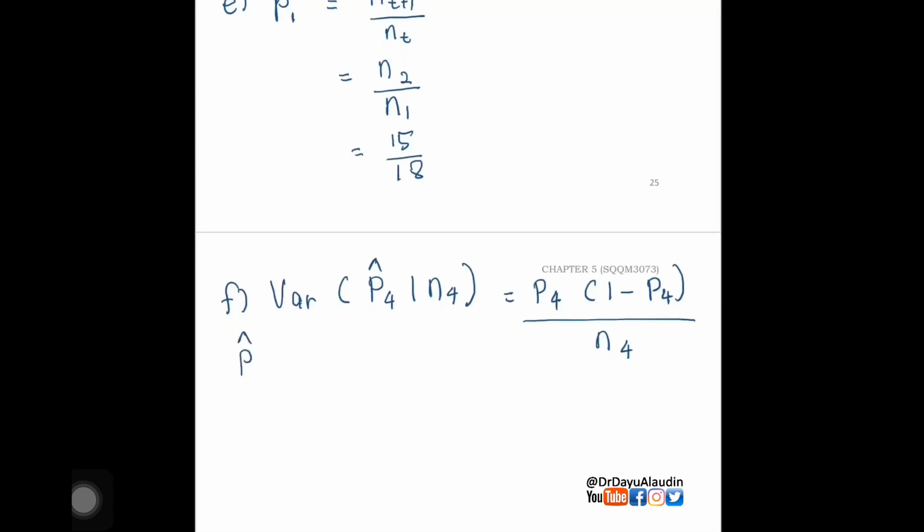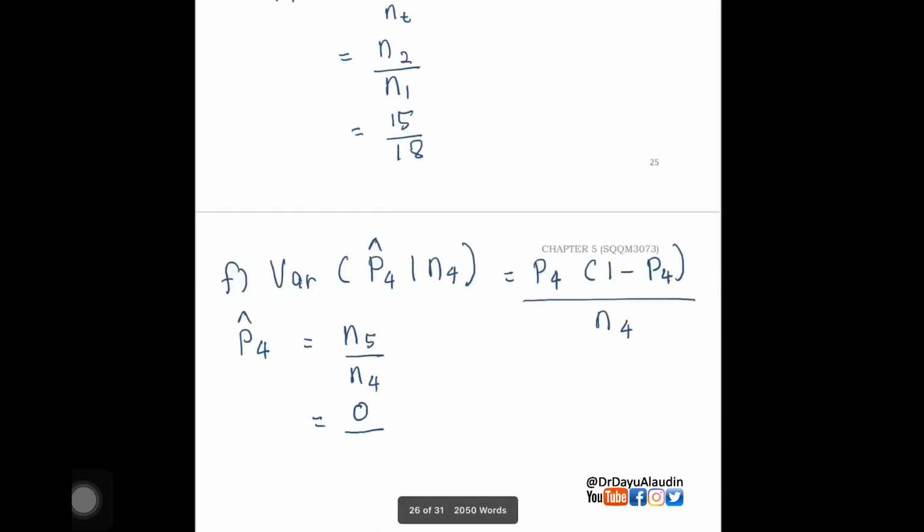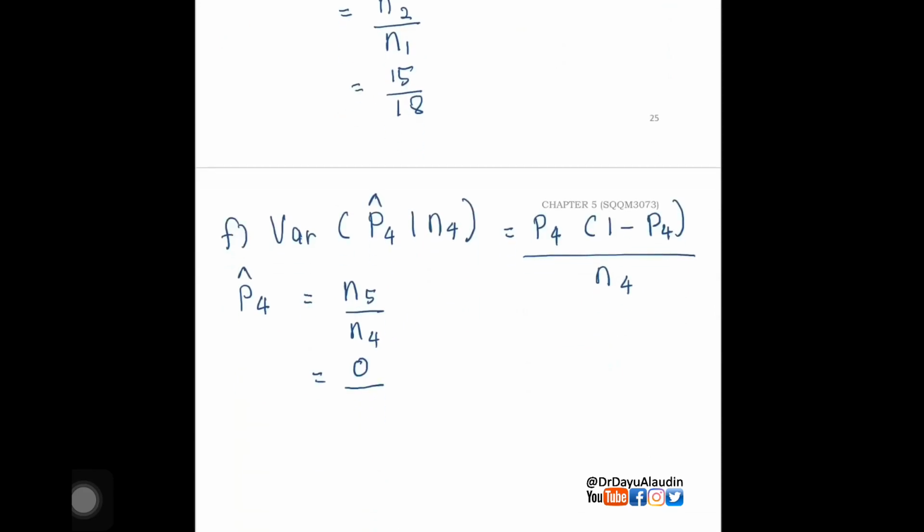So how to find P4? P4 is N(t+1) over Nt, remember. So N5 is 0, N4 is 1. So we get 0. So this also would be 0.